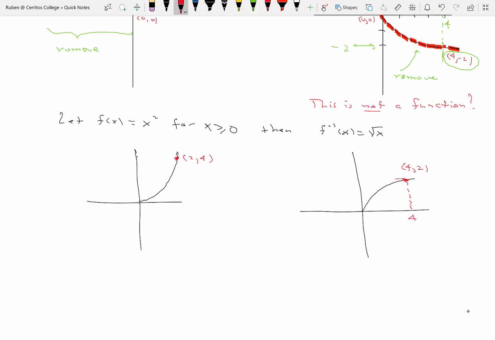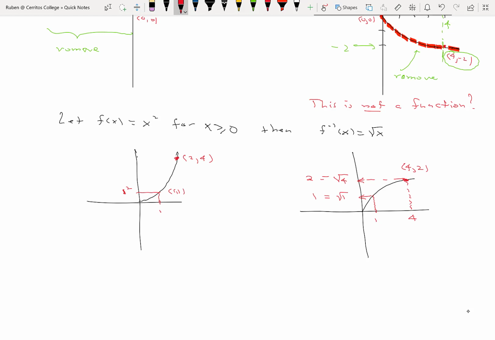So if that's 4, the output should be square root of 4, and that should equal only 2. Okay? If you let x equal 1, 1 squared is 1. If you take 1 and take the square root of 1, you should get only one value, 1. Okay?